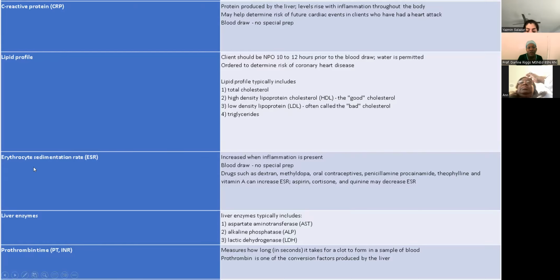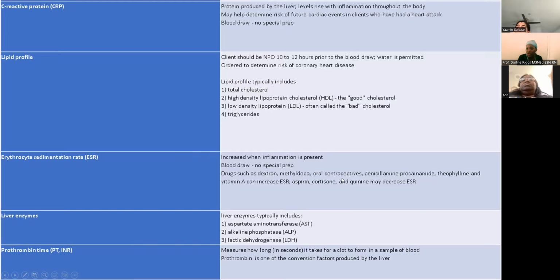The erythrocyte sedimentation rate, the ESR. Whenever there's inflammation, that rises. There's no special prep for this, but there are medications that cause an increase. That would be a false high if they're on dextran, methyldopa, carbidopa, those types of drugs, and oral contraceptives.